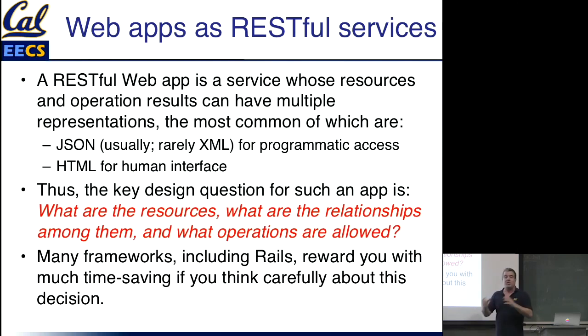And what operations on those resources would support the behavior that the customer says that they want to see? If you can get your thinking into that mode, your app becomes easier to build with a modern framework. It becomes easier to test. It becomes easier to understand. And it lends itself to having a programmatic API, like the movie database that we've been using, that you get almost for free alongside developing the app by itself.